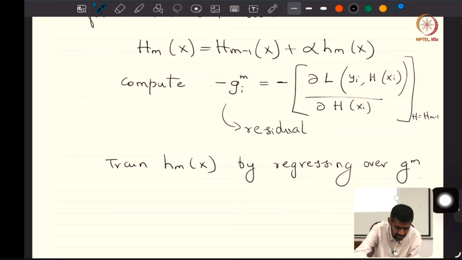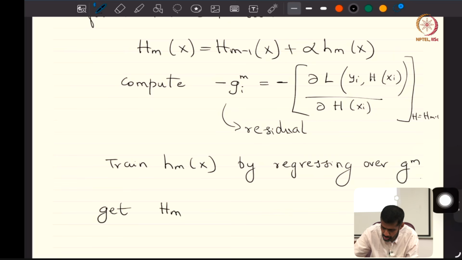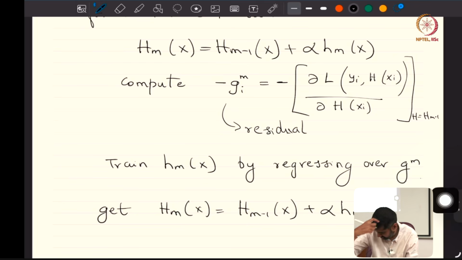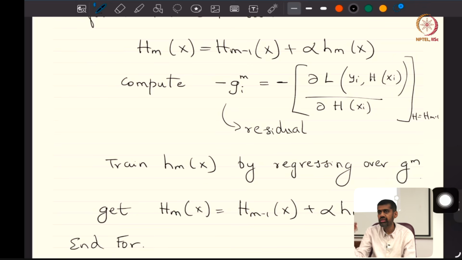Then get hm of x to be equal to the previous one that we already have plus the new term. That is it. You get the next classifier, you move on. This is the gradient boosted tree algorithm.